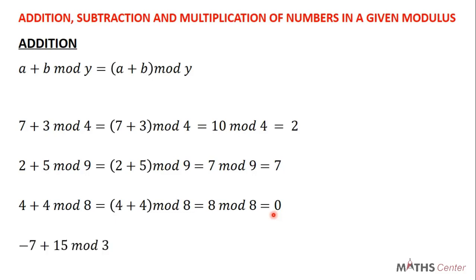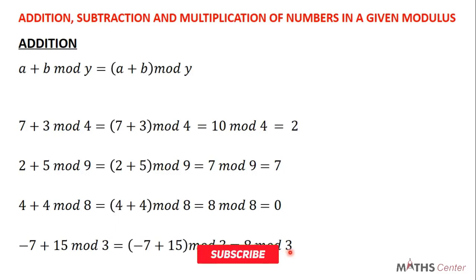Let's consider another example. We have minus 7 plus 15 mod 3. This will give us (minus 7 plus 15) mod 3. Minus 7 plus 15 will give us 8. So you have 8 mod 3. 8 is greater than 3.